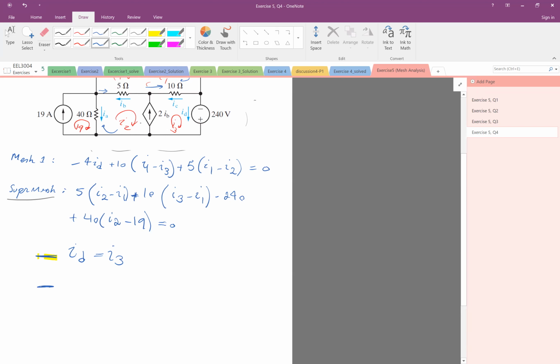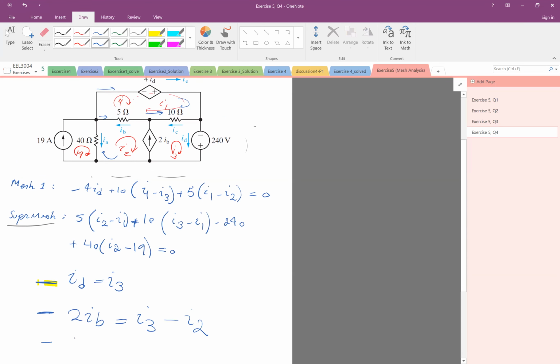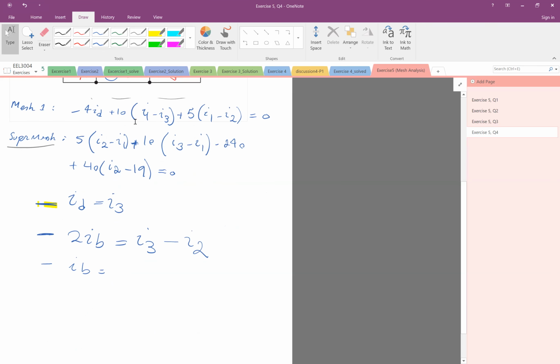The other one is that current source 2IB is equal to I3 minus I2. But what is IB? From here, this is IB. So IB is in the direction of I1 minus I2. I1 minus I2. Okay, very good.